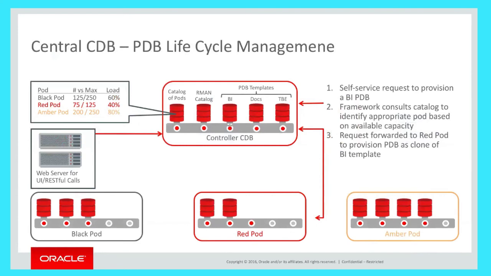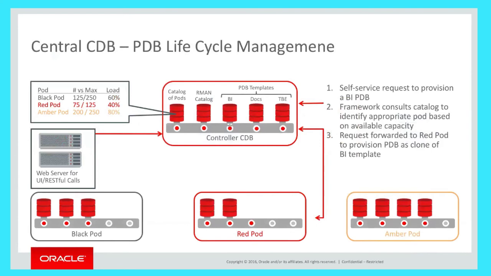So in this case, I want to provision a red PDB, which is basically a database service providing red database provision capabilities. We will do an analysis on utilization patterns in the topology. In this case, there are three target points of delivery, which are container databases for a specific service.